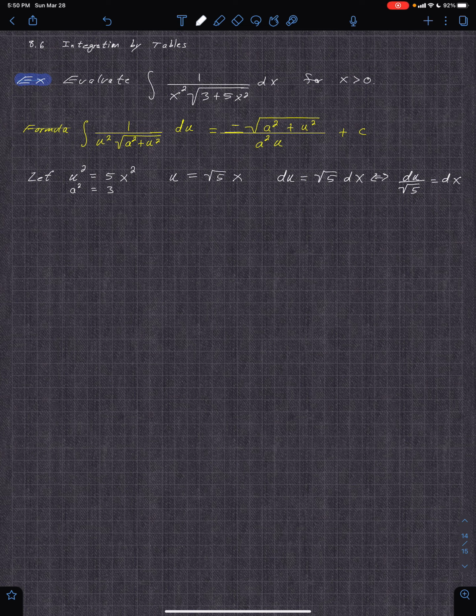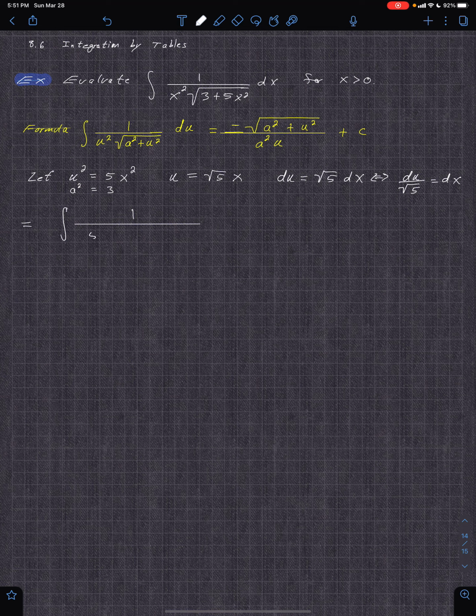So then manipulating that formula, what you get is this setup. You force it to look like that integral. So what you have is 1 over, and then on the outside is your 5x squared.